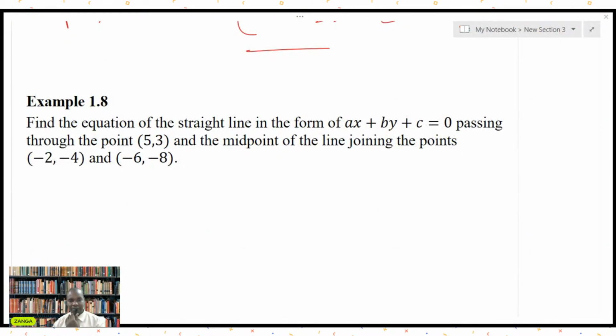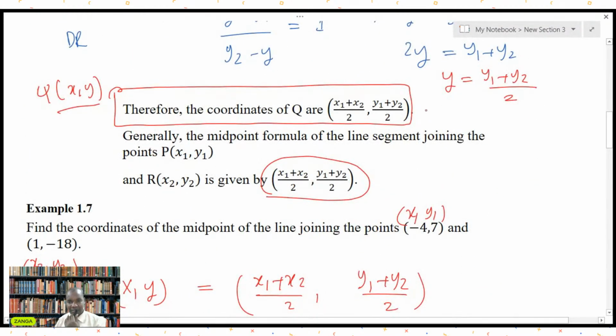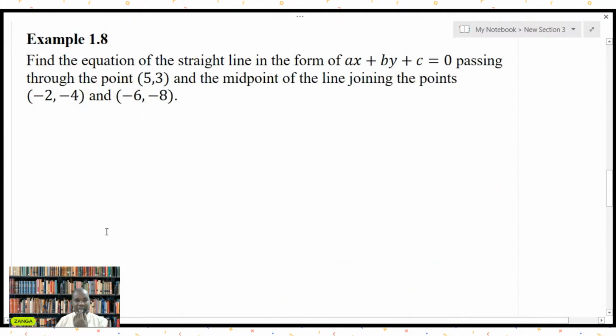And here is the formula, as we said: the midpoint of any line segment having point 1 and point 2, obviously, you're going to take x1 plus x2 over 2, comma y1 plus y2 over 2.